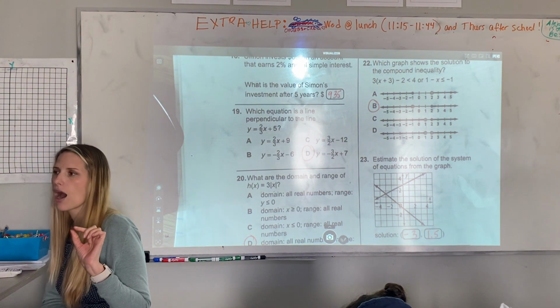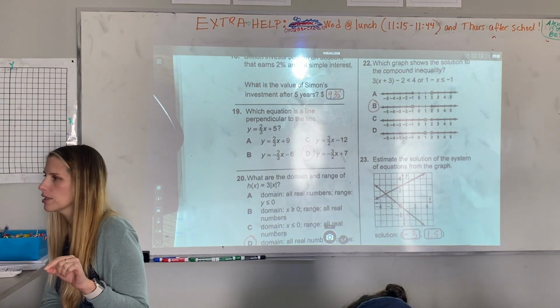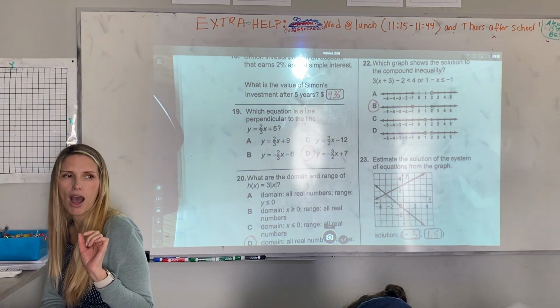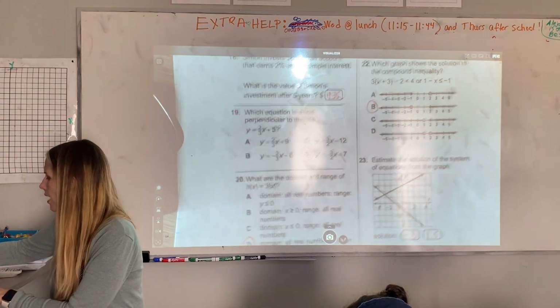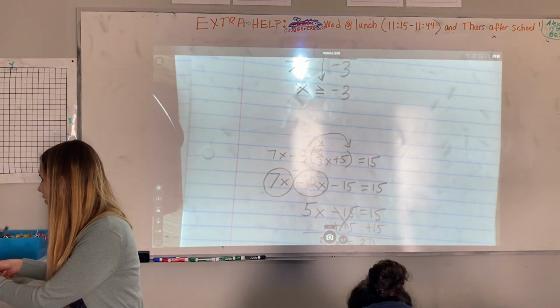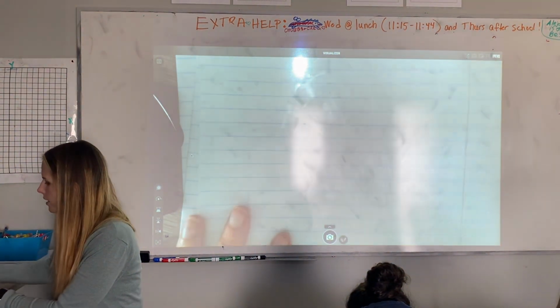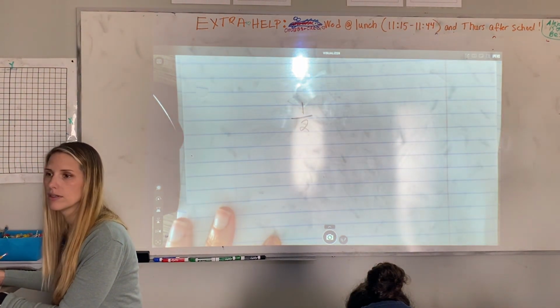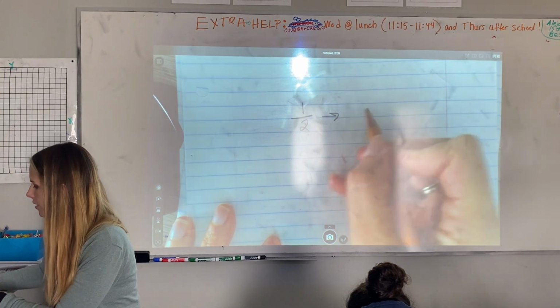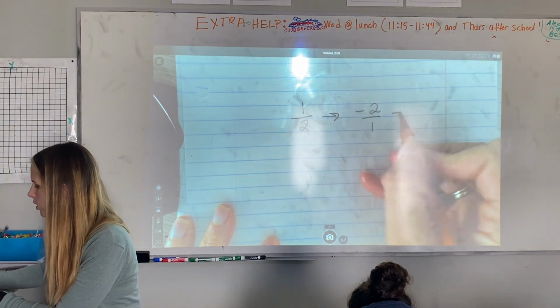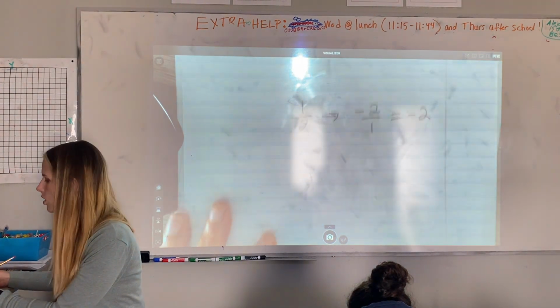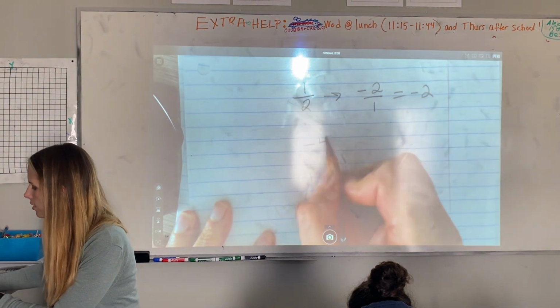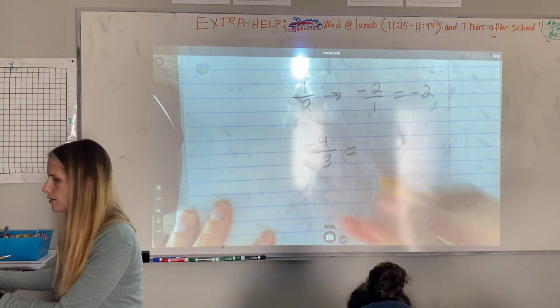We call it the opposite reciprocal. Let's practice some opposite reciprocals right now. What is the opposite reciprocal of 1/2? Very good. -2/1, which would be -2. What is the opposite reciprocal of -4/3?